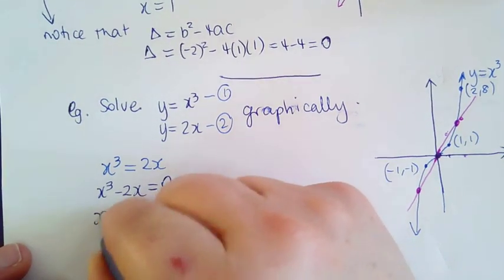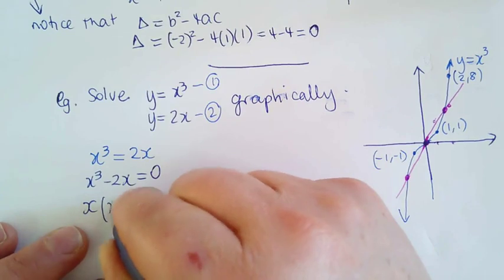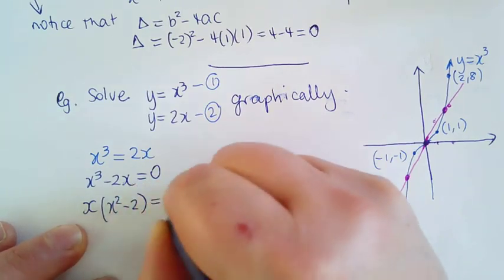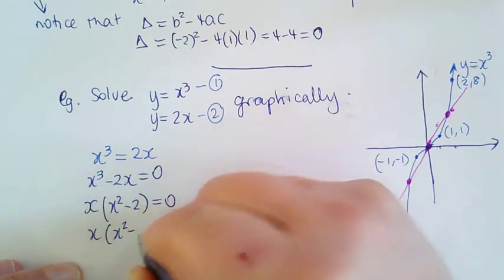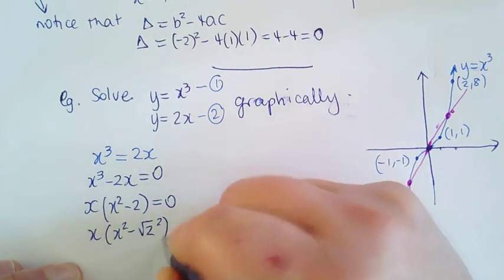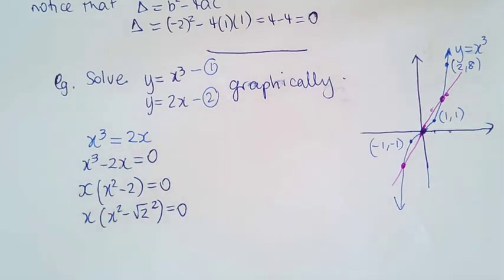So how can you factorize this? Take x out: x times x squared minus 2. This x squared minus 2 is really x squared minus the square root of 2 squared. Are you okay with that? You can write that as a squared minus b squared, a difference of 2 squares.